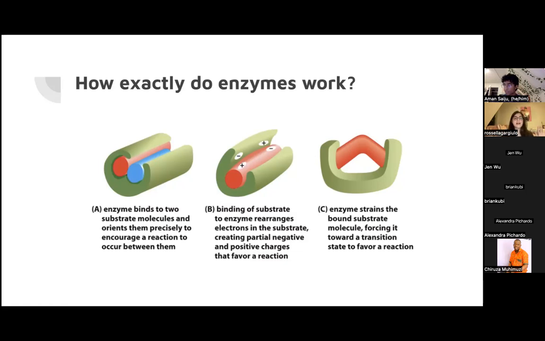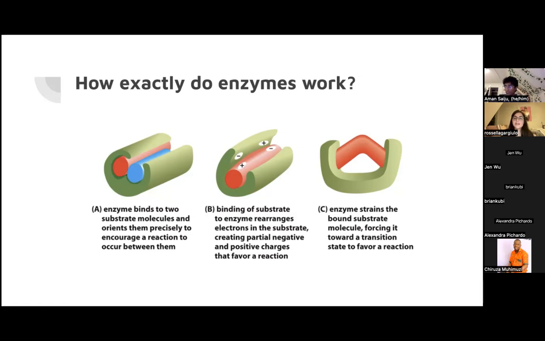One way is that the enzyme binds the substrates in a way that orients them to undergo the reaction from reactants to products. So the first one is spatially orienting them in order to cause the reaction to happen. The second one is the enzyme binding the substrate and there is a rearrangement of electrons, which creates partial positive and partial negative charges, and it causes the reaction to take place faster.